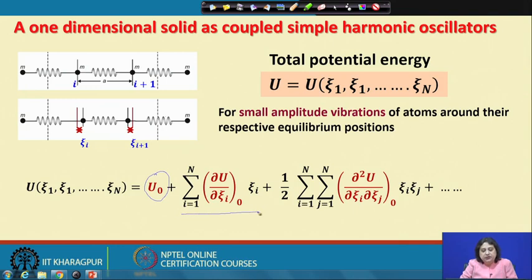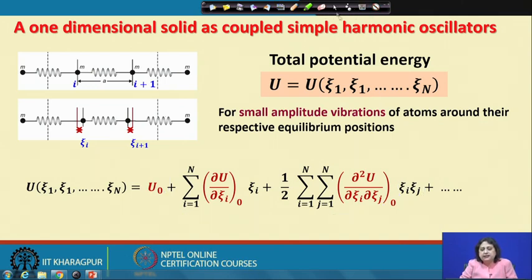This is the term ∂U/∂ξ_i at 0, that is the first derivative term, which has the first order displacement at each of the lattice sites ξ_i, and then this is the term which tells me that this is quadratic in the displacements, and this is the second order derivative of U with respect to ξ_i and ξ_j. So, this is a standard Taylor expansion.